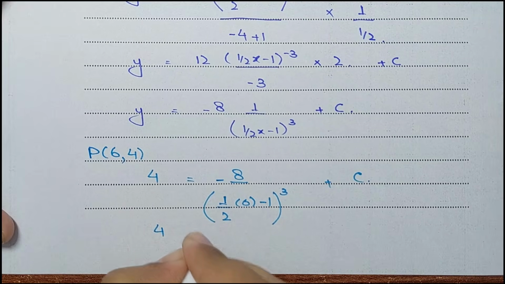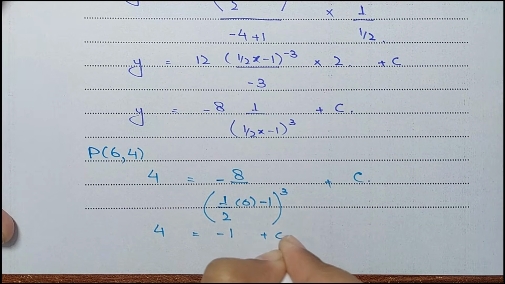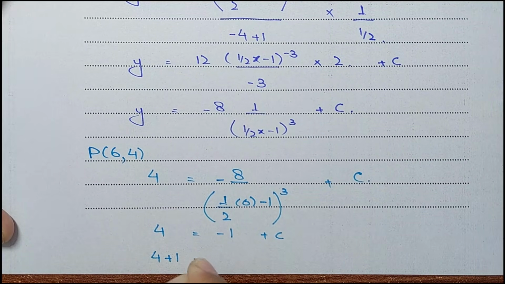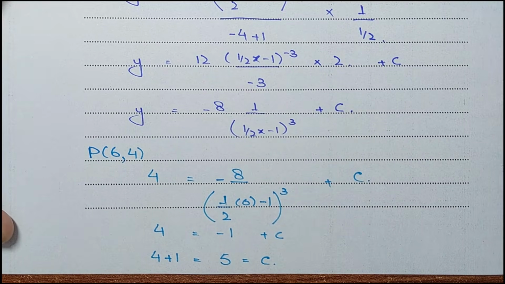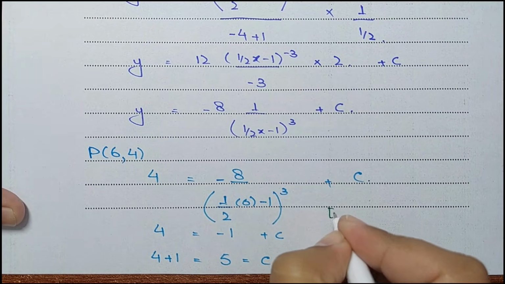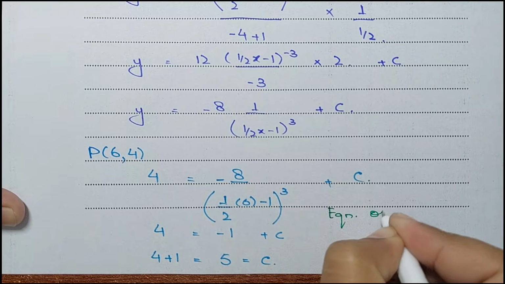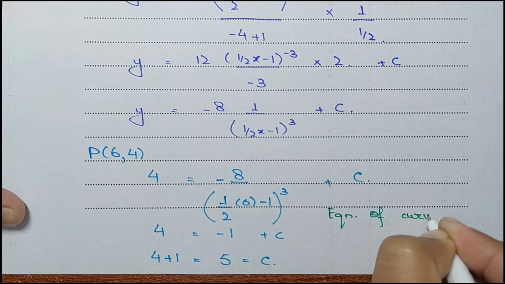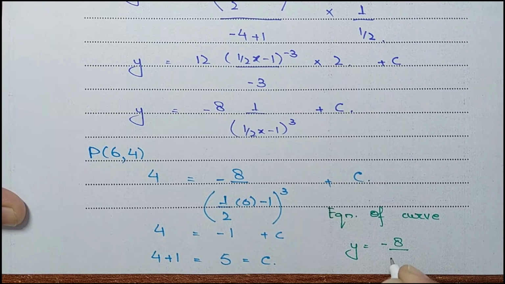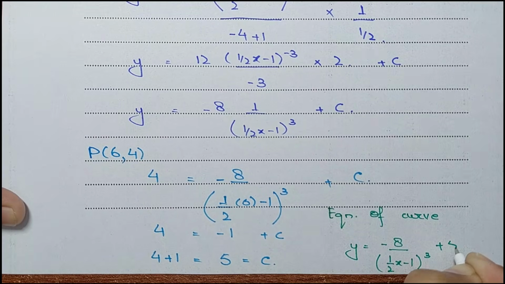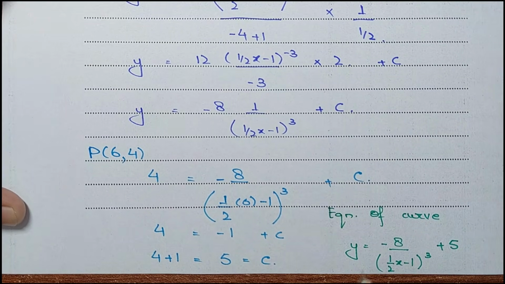So 4 equals negative 1 plus c. 4 plus 1, which is 5, is the value for the constant of integration. Now we can write down the equation of the curve: y equals negative 8 over (1/2 x minus 1) whole cube, plus 5. That would be the equation of the curve.